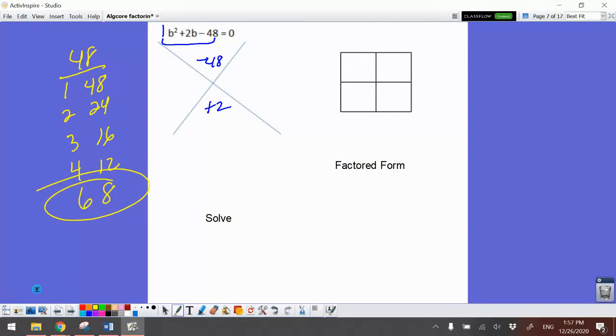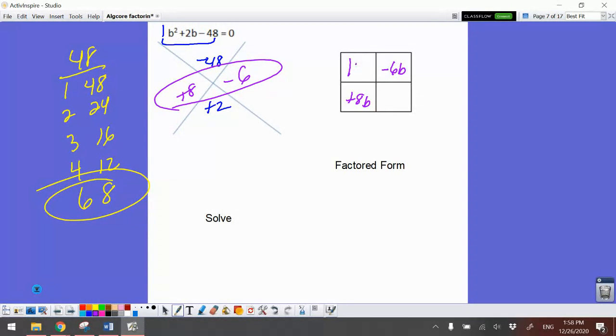Well, I see that I have a 6 and an 8. I know I can come up with a difference of 2 if I make the 8 positive. So positive 8, -6 will give me a positive 2. So here's my factors. So positive 8b, -6b.